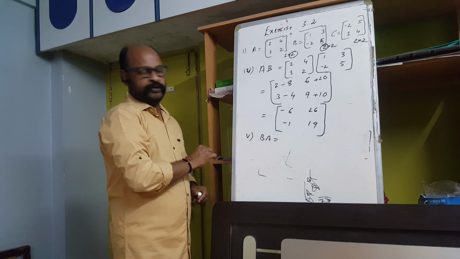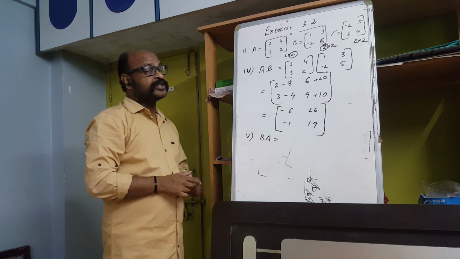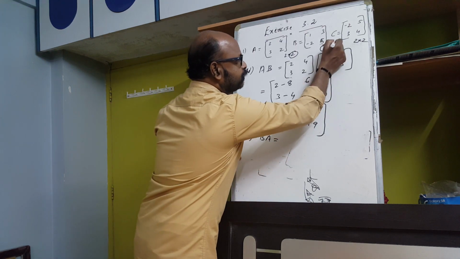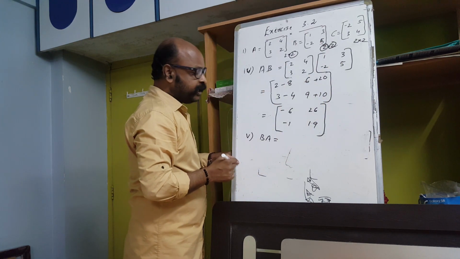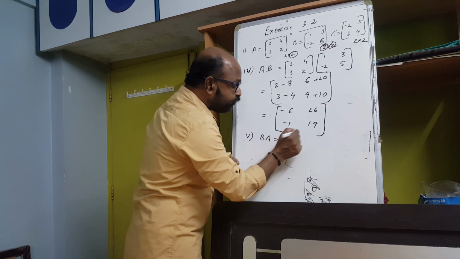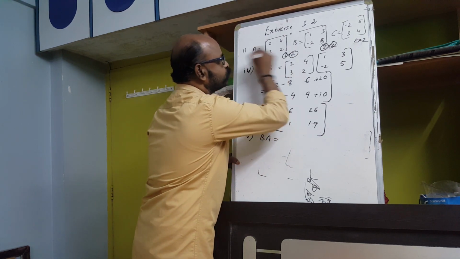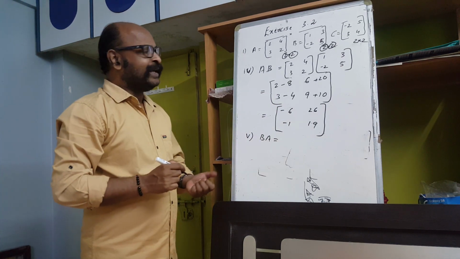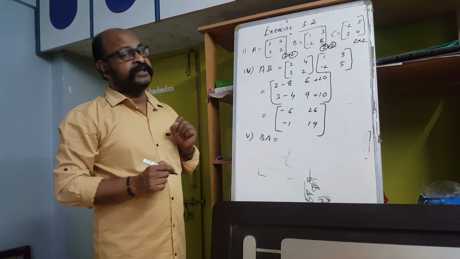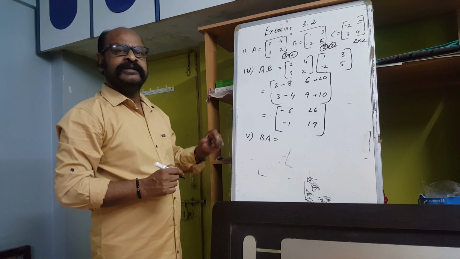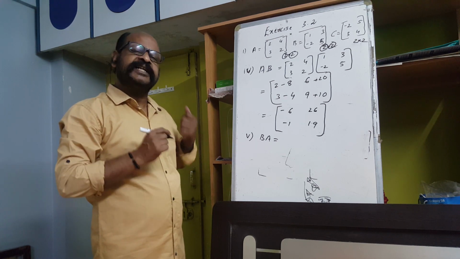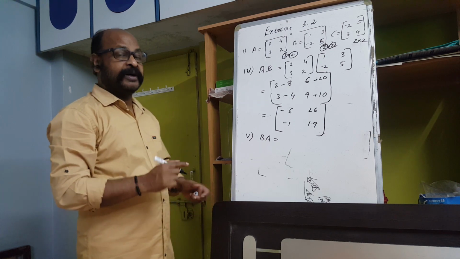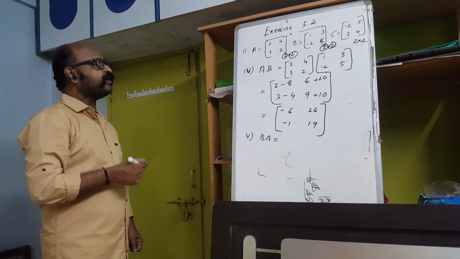In BA the first matrix is B. So the number of columns of B, that is 2, must be equal to the number of rows of A. Yes, A has 2 rows. Clear? So the product BA is possible. As we said in the beginning, these conditions are satisfied here because all the three matrices are of the same order, but generally this is the way to verify the conditions.